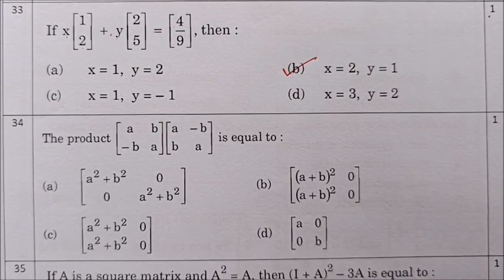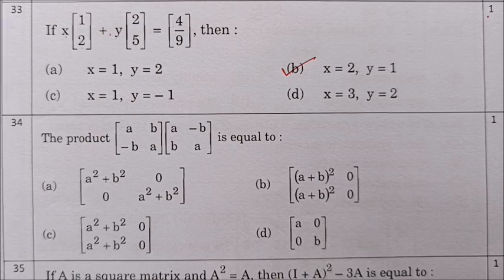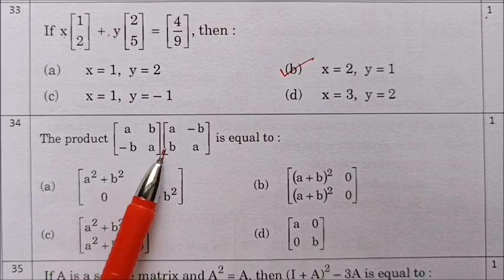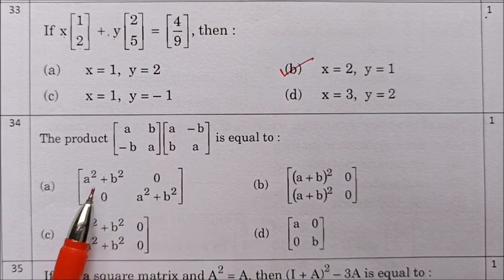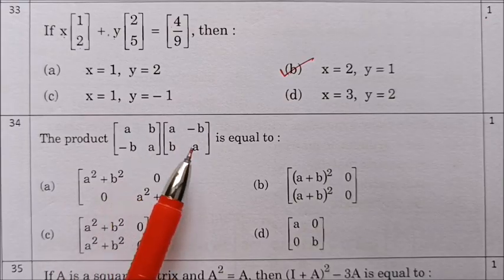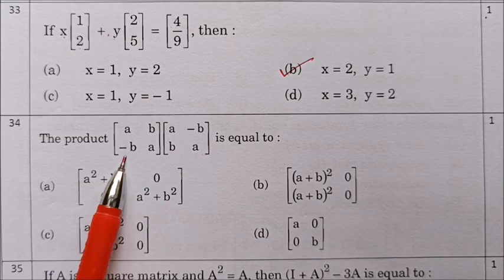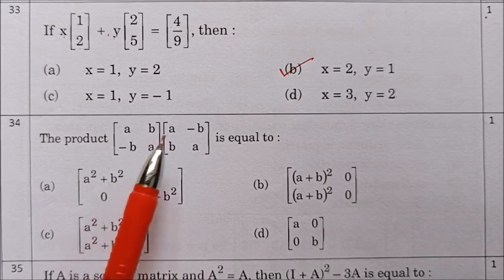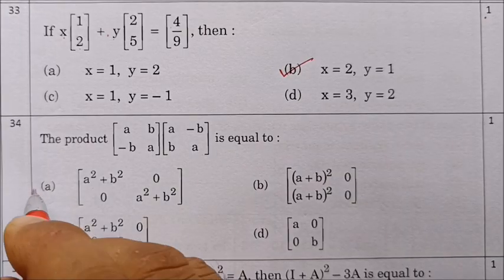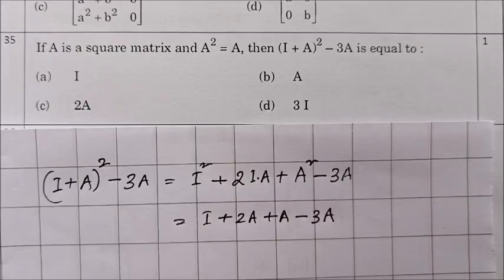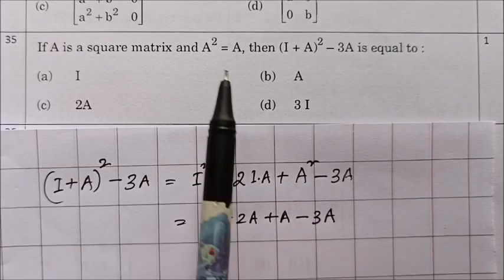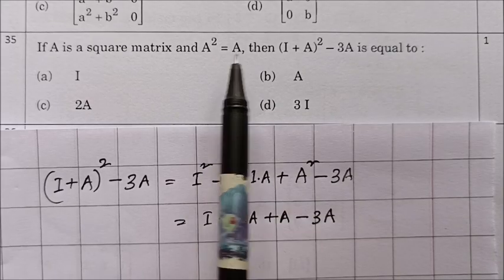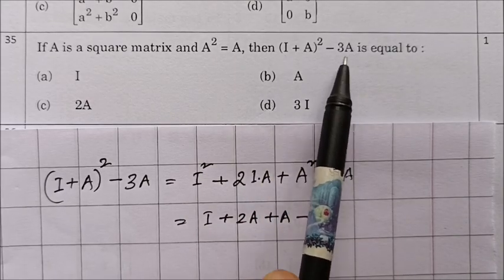Question number 34. Simple matrix multiplication, A square plus B square. Here it will come A square plus B square, minus AB plus AB 0, minus AB plus AB 0, B square plus A square. So the correct option is A. Question number 35. A square equal to A, and we have to find out the value of this expression.